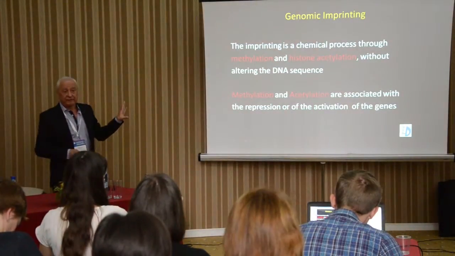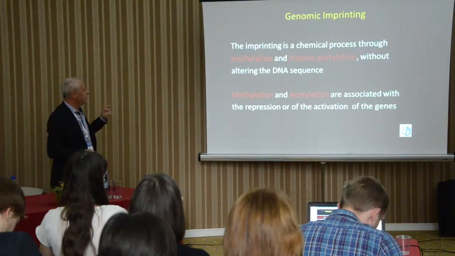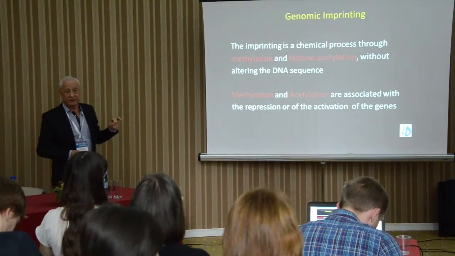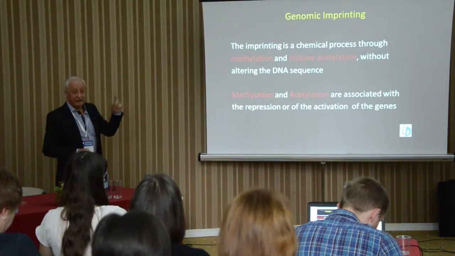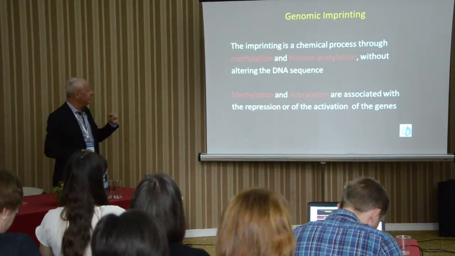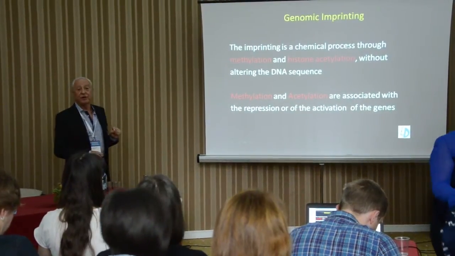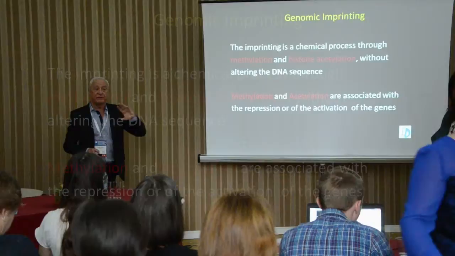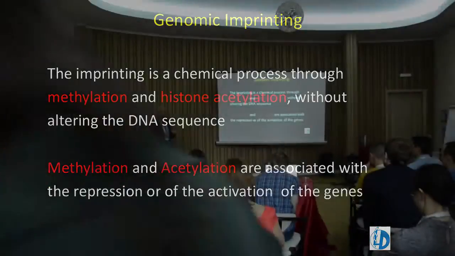We know that this tail methylation is very important because it's genomic imprinting. It means that if there is methylation or acetylation on this tail, it causes either repression or activation of the gene. The gene can have expression or be silent. It cannot work, it's closed, depending on the presence or absence of the CH3 radical.